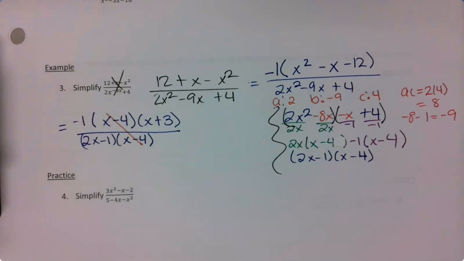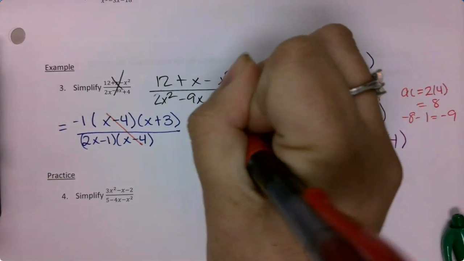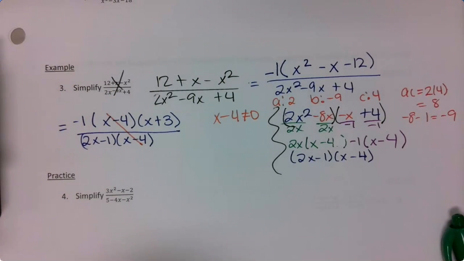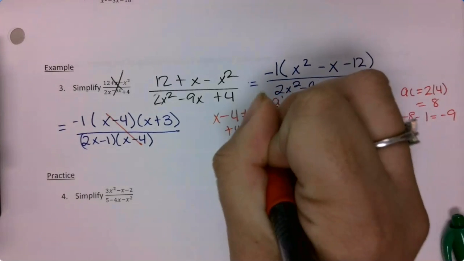So I want to take the x minus 4 and set that not equal to 0. Which will give me x can't equal 4.